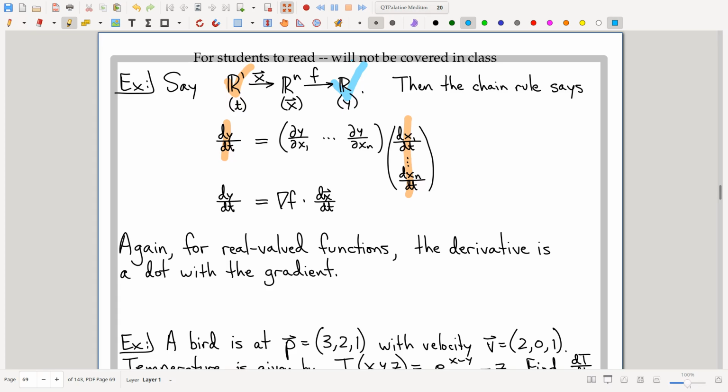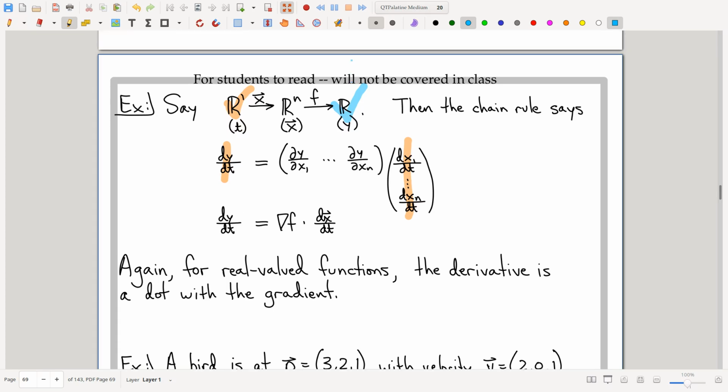Well, how does that change things? All that does is it means that this function has a single output, which means that its derivative has a single row. And it also means that the composition has a single output, and therefore its derivative also has a single row.